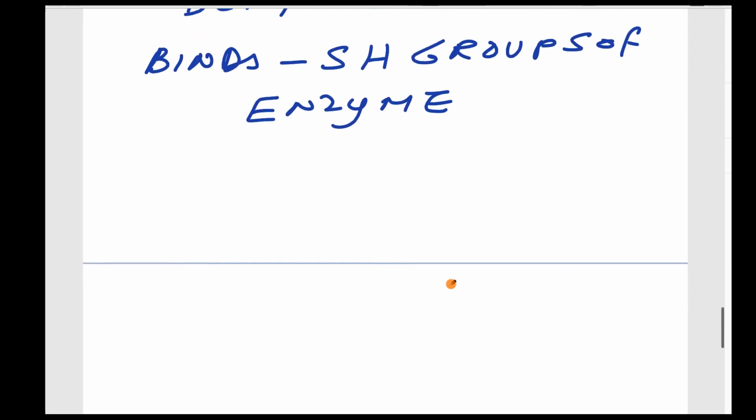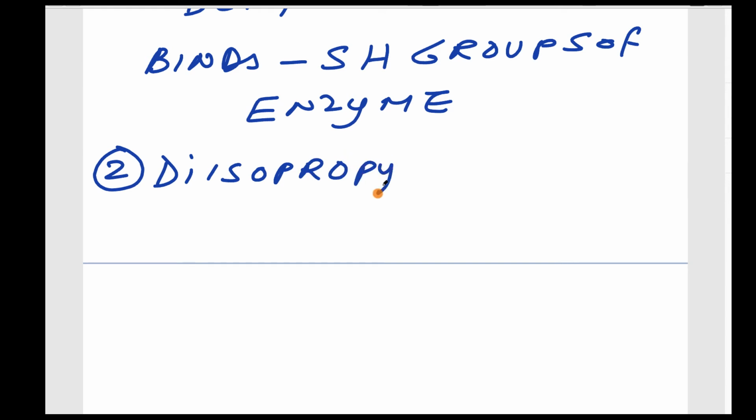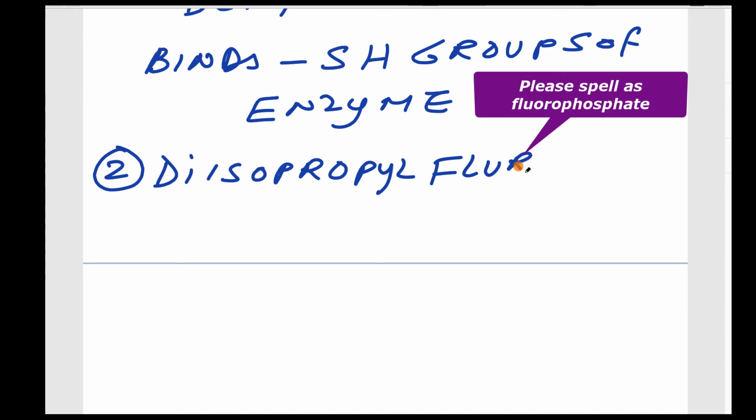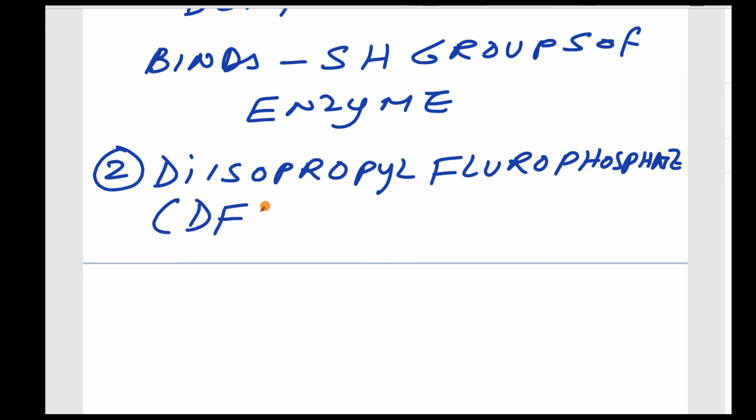Okay, the second one is diisopropyl fluorophosphate. It is also known as DFP.